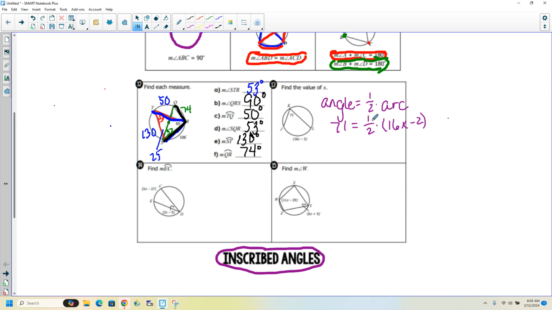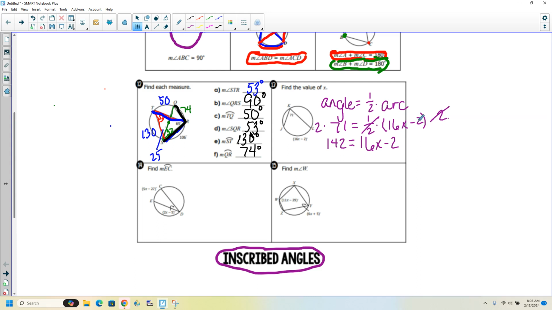Now there's two ways I can solve this. I can multiply the 1/2 in, distribute it in, and go with that. Or what I like to do is just get rid of this 1/2 by doing a times 2 on this side, because then that will cancel that out. Of course, if I have to multiply by 2 on this side, same thing goes over here. So when I multiply this out, I get 142 equals my 16x minus 2.